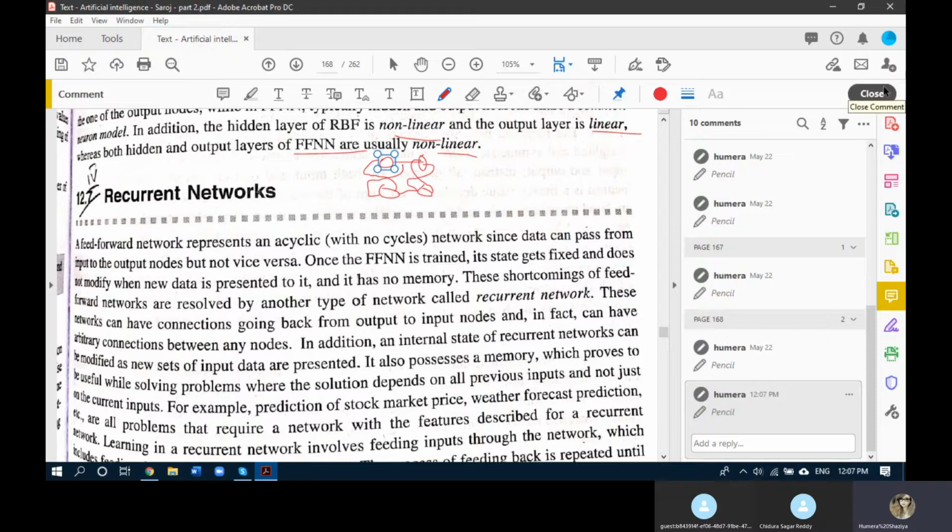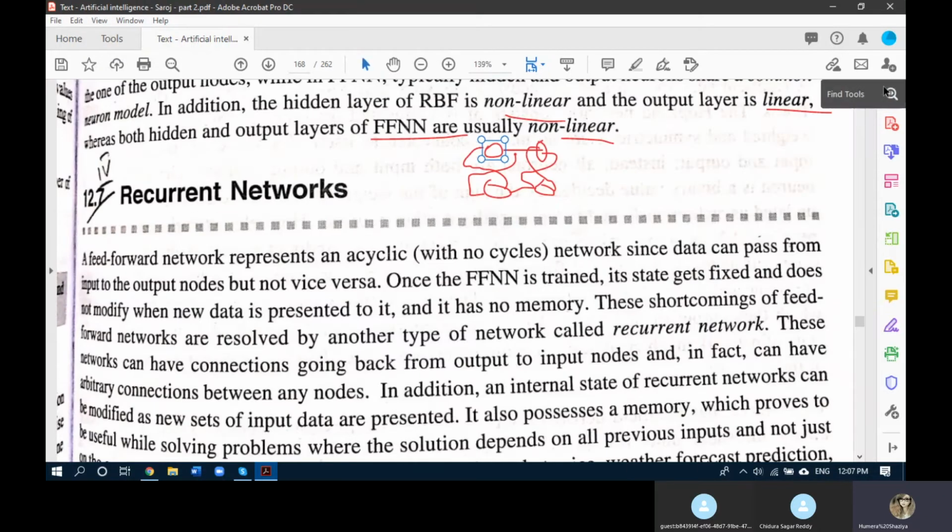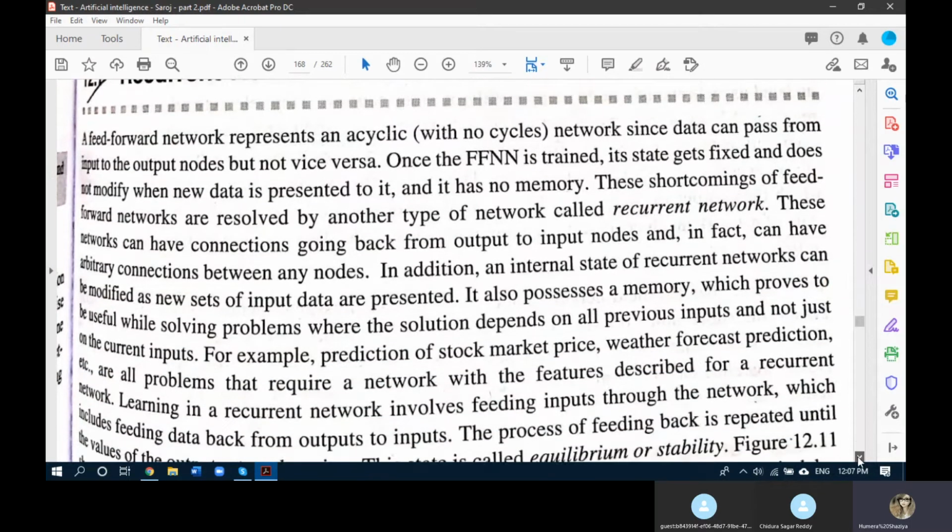This type of network is useful primarily for language analysis applications such as machine translation and syntax analysis, semantic analysis. These are used for that, and also they are used for time series data analysis.